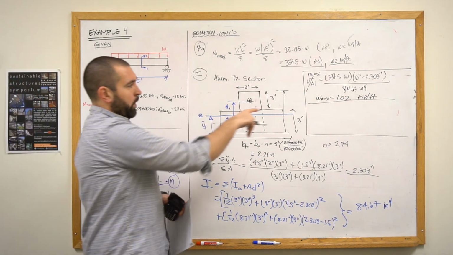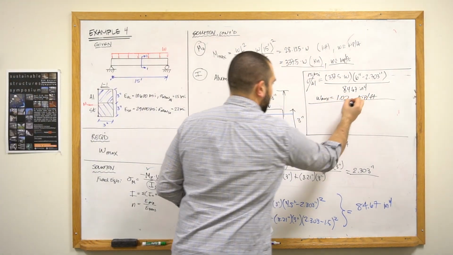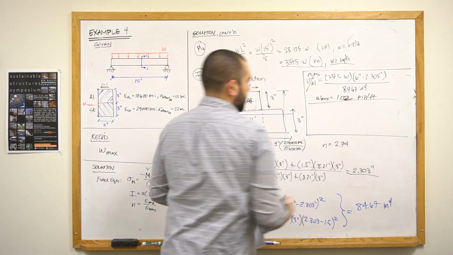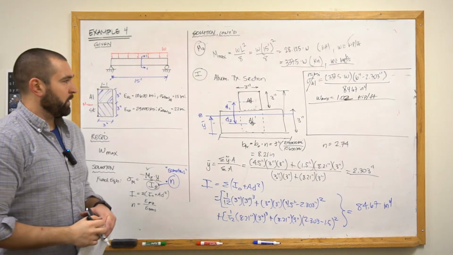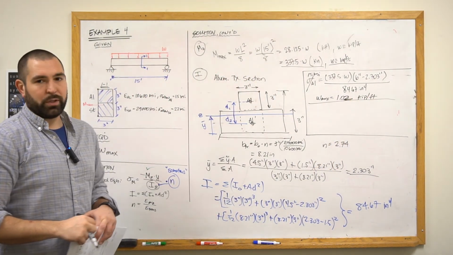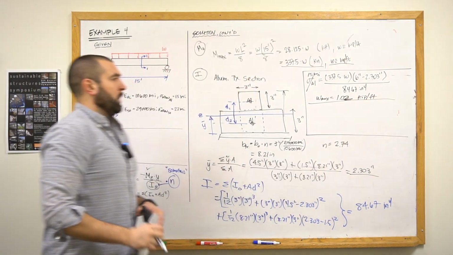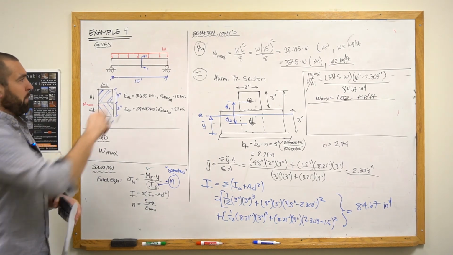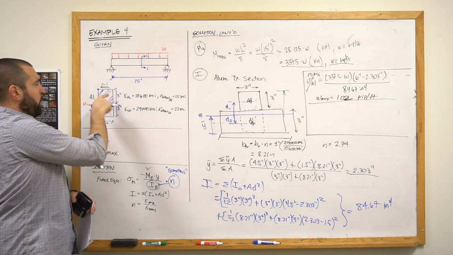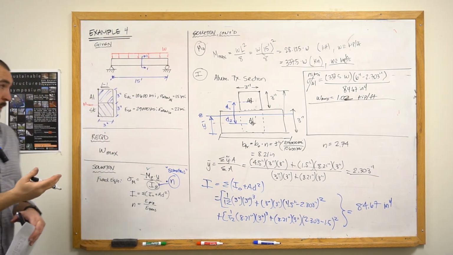That just would have been 1/12 this 1.02 value. Completely up to you. It was kind of an odd choice with the units that I took, but it works out as long as you can keep track of it. And so this is what the distributed magnitude is going to be right when the aluminum reaches its allowable limit.